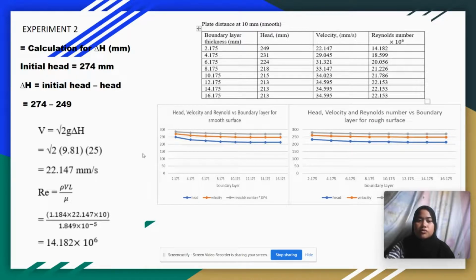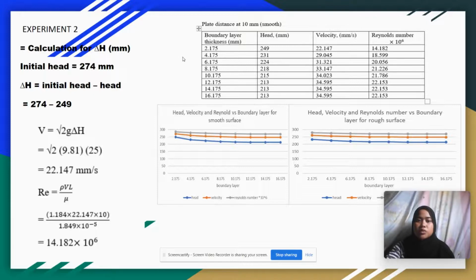Just like earlier, to calculate the Reynolds number, we need the velocity, and to find the velocity, we need the delta H. To find the delta H, we use the initial head minus the head given. So we get the delta H, substitute it in the formula, and get the velocity and also the Reynolds number, and fill out the table.